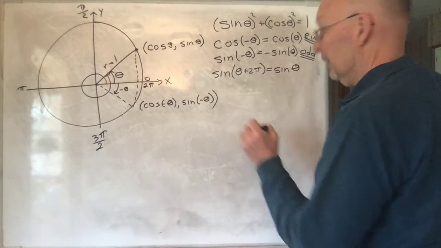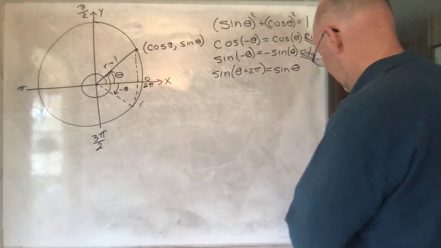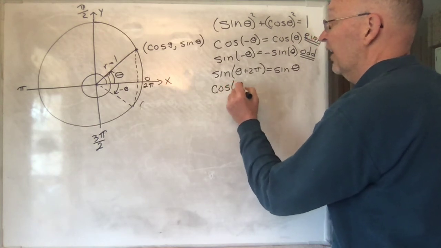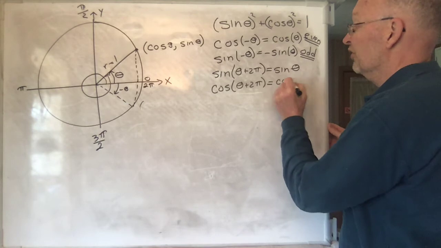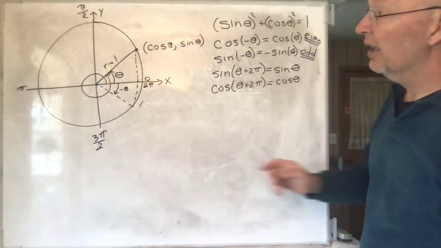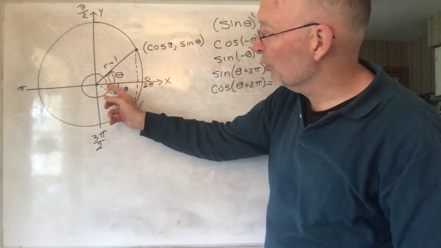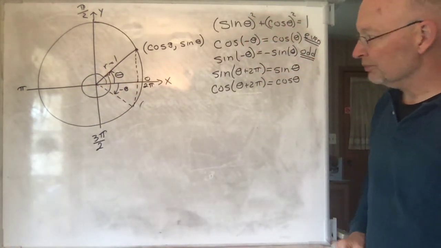And similarly, the cosine of theta plus 2 pi is going to be equal to the cosine of theta. And we wouldn't even have to stop with 2 pi. We could go 2 pi, go around twice, 4 pi, and so on.